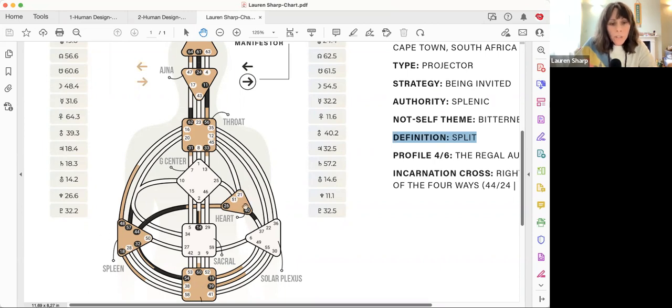When I have a division like this, because there's nothing to link it, we call that a split. The only thing that would bridge that for me is an individual who comes into my auric space, my energy space, who has the 16 in the throat. They would then go, oh, okay, well, here's 16, and 16 connects to 48.